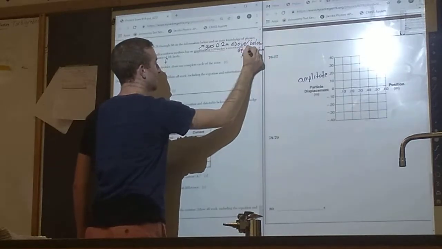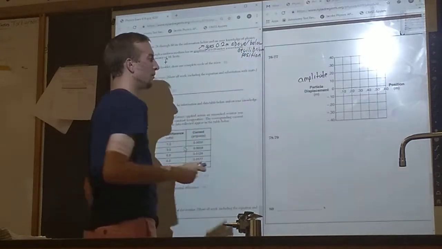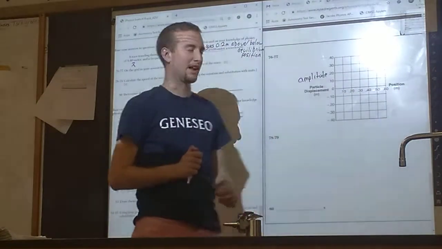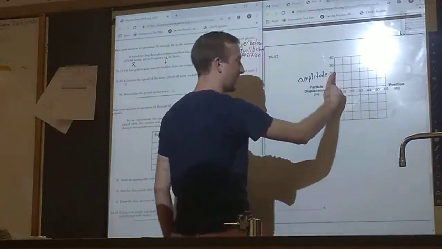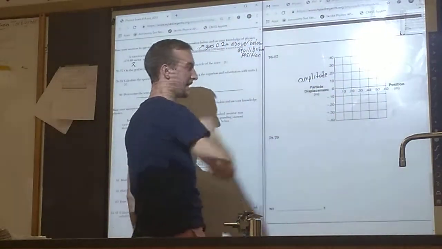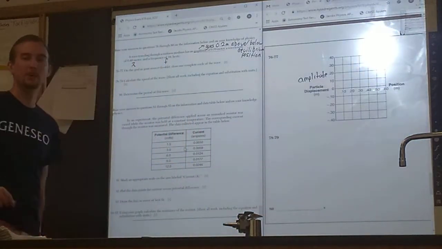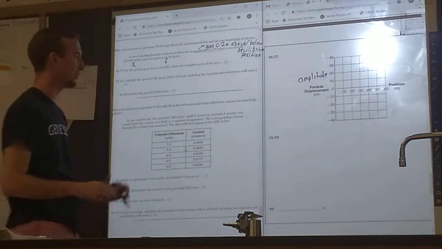But we can't do anything with that. We can't start drawing until we know how to graph on the x-axis. So the high point should be at 0.2, the low point should be at negative 0.2. We can't do anything with that until we know how to draw in the position.